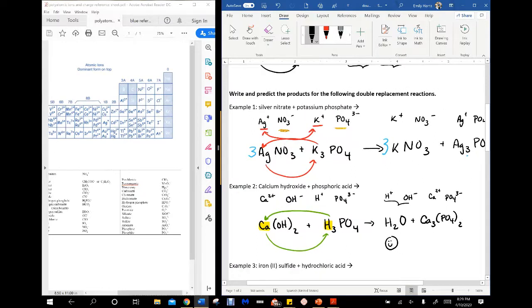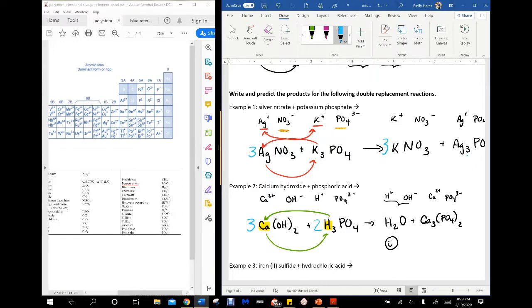Then I go back and balance my reaction, just like in previous units. So let me get a pen in there. All right, so I've got 3 calciums on the right, so I'll put a 3 on the left. I have 1 phosphate on the left, but 2 on the right, so I'll put a 2 there. Then now let me check on my hydrogens and oxygens here.